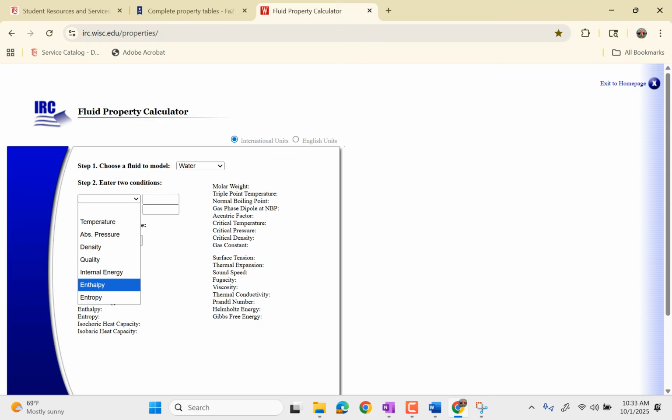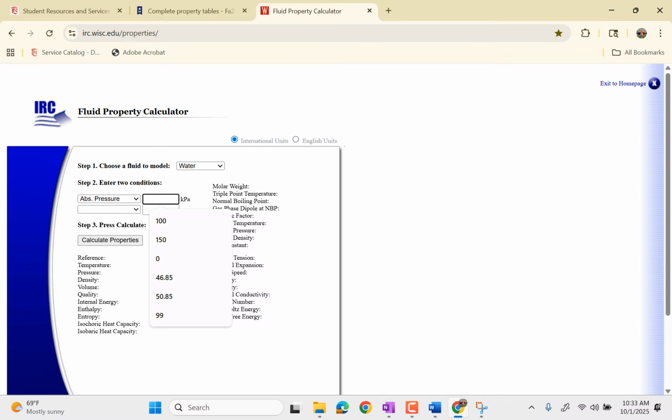We are given that the pressure is, what was it, 2.1 bar? So that is 210 kilopascals.